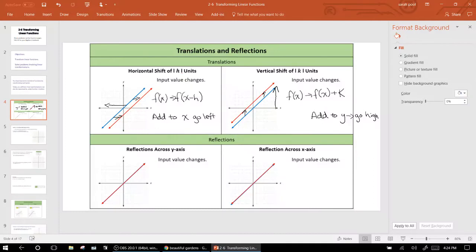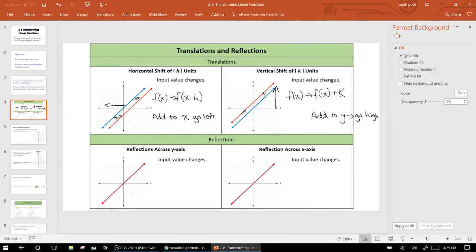That's why over here, when we subtracted, we actually went right. Notice that when we're dealing with our x, we keep x and its transformation in parentheses together. When we are dealing with our y, we keep our y together and then we add or subtract to it. This is going to be a shift either up or down or left and right. So add to y, go high; add to x, go left.